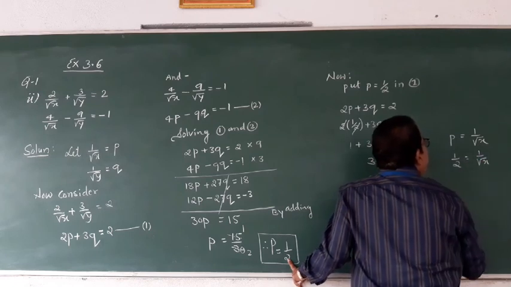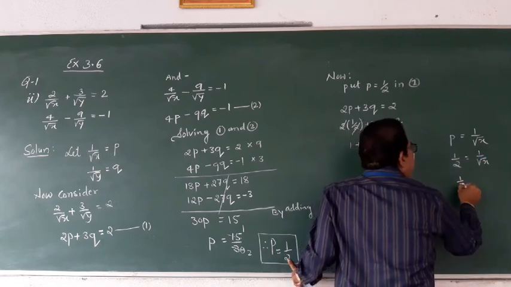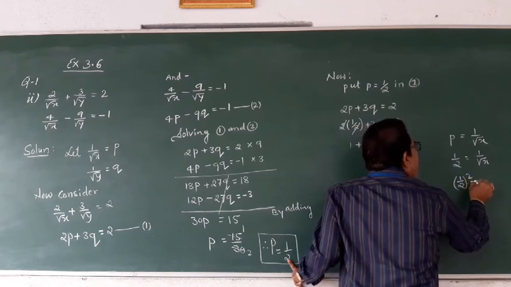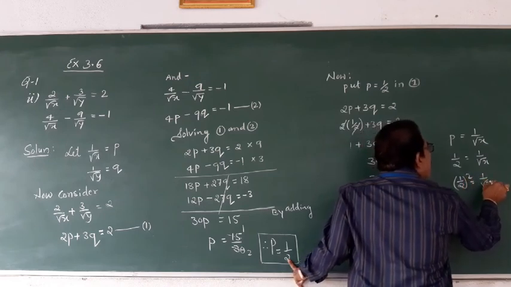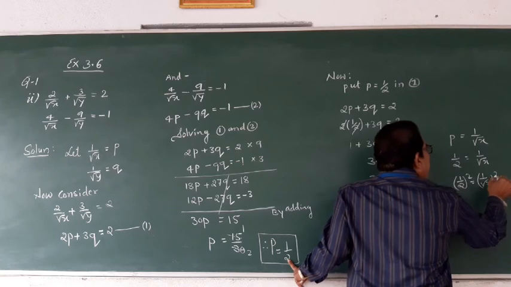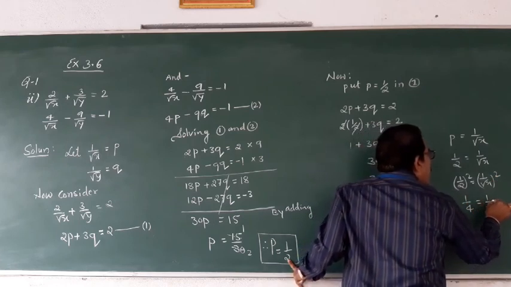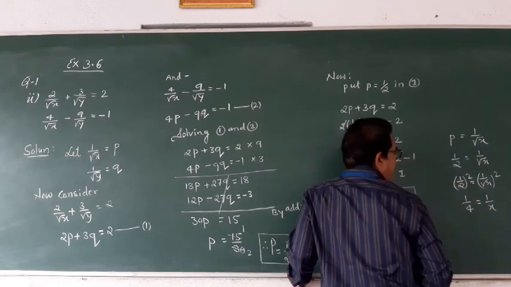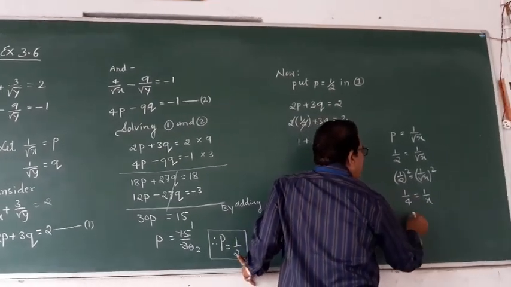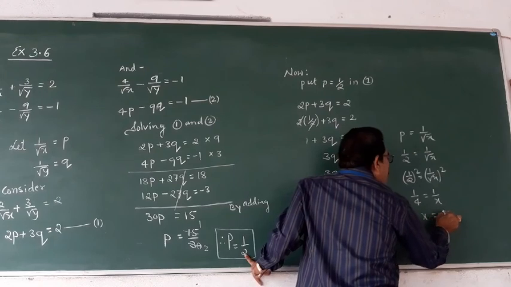So 1 by 2 equals to 1 by root x. Squaring both sides, 1 by 2 whole square equals to 1 by root x whole square. That is 1 by 4 equals to 1 by x. So by cross multiplication, x equals to 4.